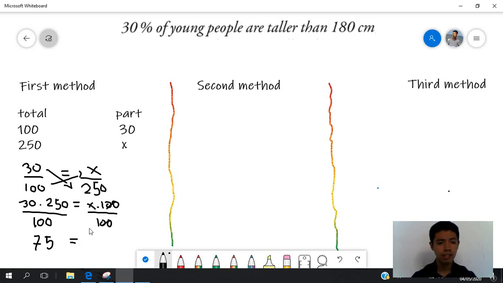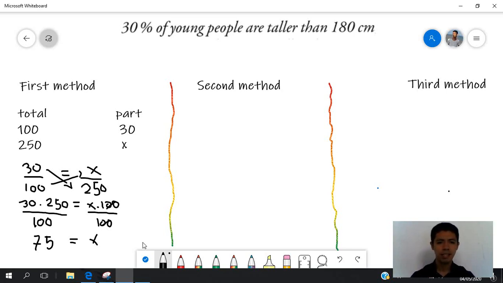As 100 is cancelled, that will be equal to X. So in a group of 250 young people, I know that 75 are taller than 180 centimeters.